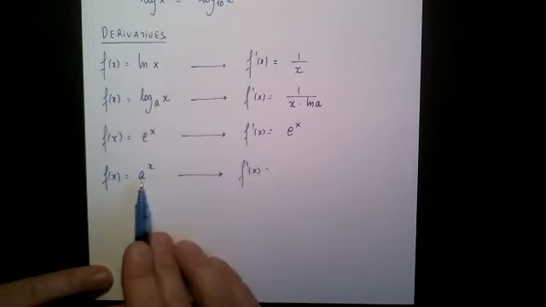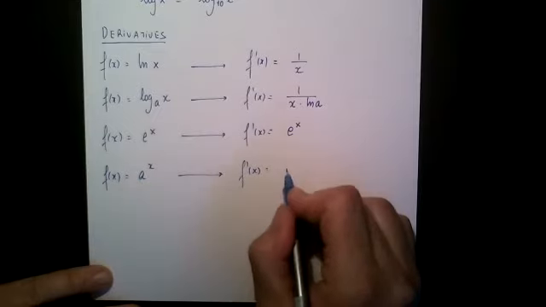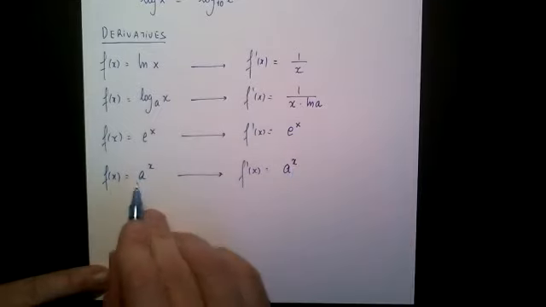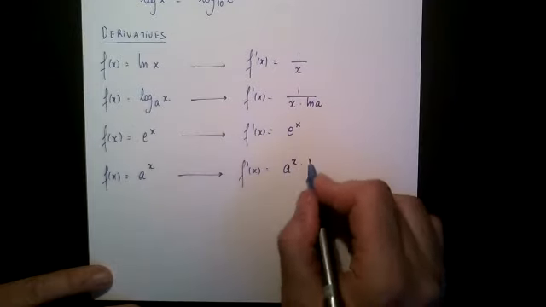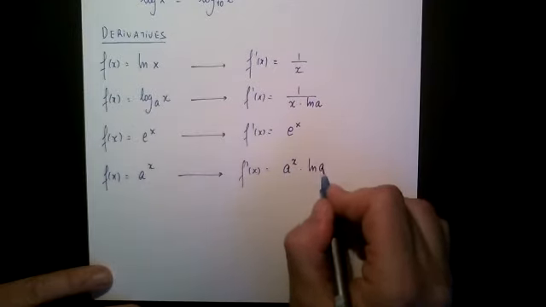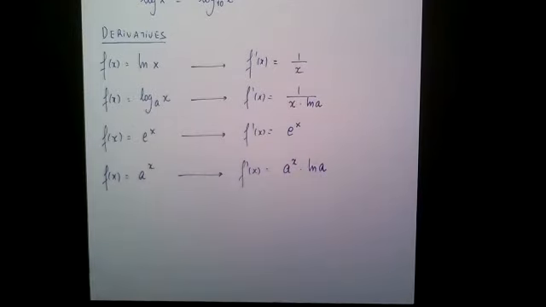A power x, the derivative also stays itself, same thing. So if you have 2 power x, the derivative is 2 power x times, you have to do again, ln of the base. And these are your derivatives for exponential and logarithmic functions.